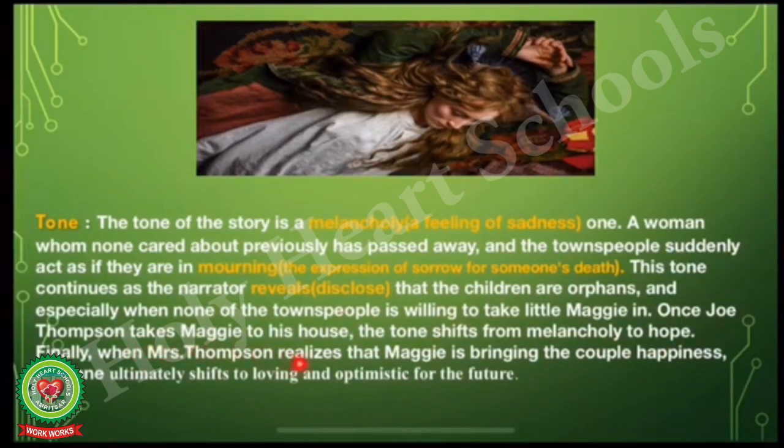Finally, when Mrs. Thompson realizes that Maggie is bringing the couple happiness, the tone ultimately shifts to loving and optimistic for the future. So students, first of all, why the tone of the story is in melancholy? As the writer shows sadness on the destiny of the three children, right? And the writer has shown the different variations in the tone, such as melancholy, mourning, hope, love, and optimism.